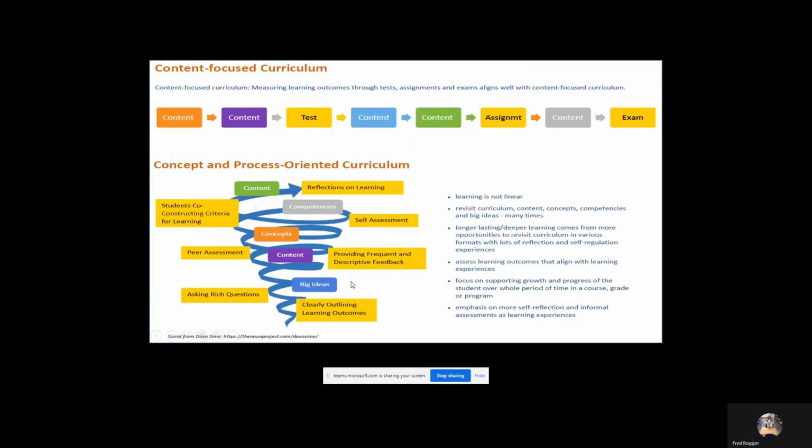Big ideas, content, looking at curricular competencies, creating inquiry questions with kids that they want to explore, setting out criteria that have to be met, sometimes co-creating that. There's self-assessment, obviously here, peer assessment potentially, and in a swirl, working through to a less content-oriented, more process-oriented system.